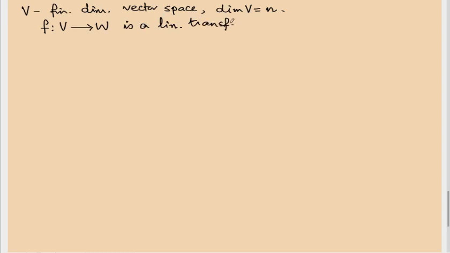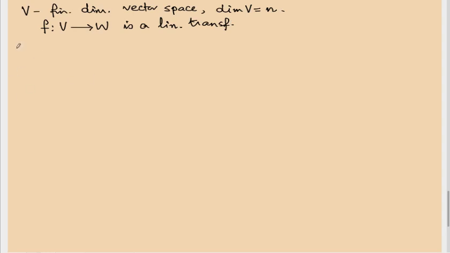For W, I am not saying what is its dimension. It may be infinite dimensional. Given this, I am trying to choose a particular basis, and that is going to tell us many more things.